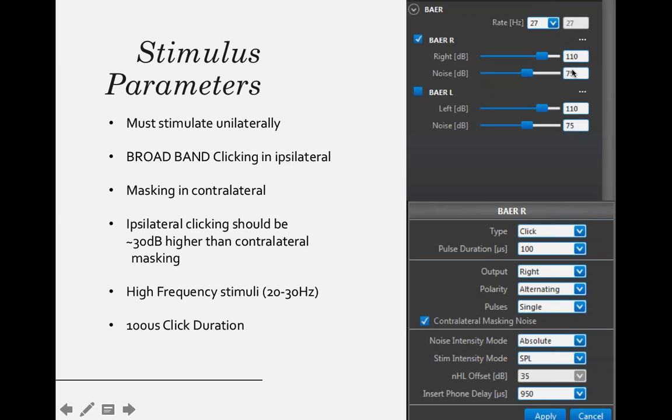And in general, you want to have the clicking about 30 decibels higher than the masking. So I have it here set as 110 decibels for the clicking and 75 decibels for the masking. That's a 35 decibel difference, but 70 and 100 will work, 80 and 110 will work.